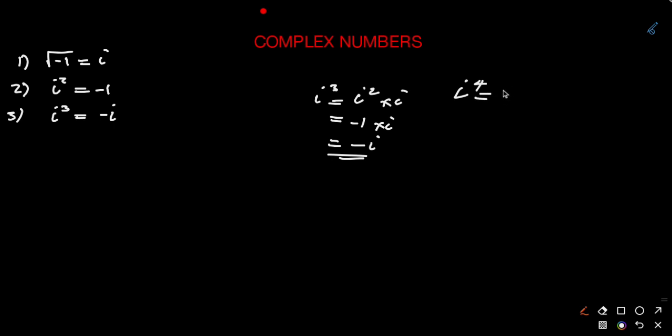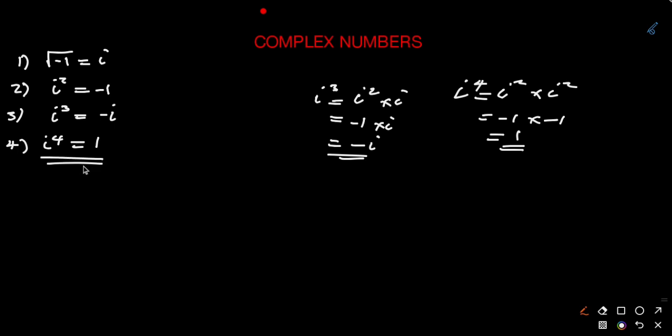Just split this into i to the power 2 multiplied by i to the power 2. So i to the power 2 is -1 and i to the power 2 is -1. If I multiply here, I'm going to get +1. So if you have i to the power 4, this is going to be equal to +1. This one is very, very important. All these I'm going to apply to answer the following questions that we are going to have.